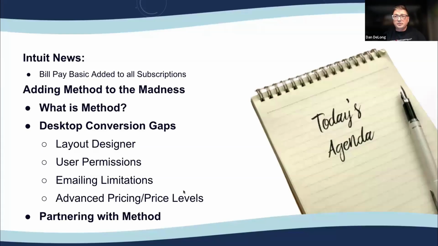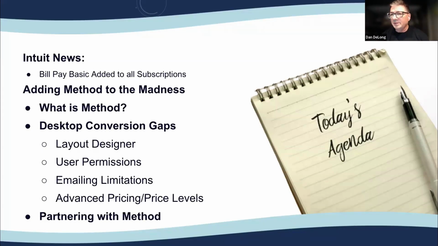So our agenda today is we're going to be doing a little bit of the Intuit news. We'll talk a little bit about Bill Pay Basic in all QBO subscriptions and what that might mean. And then we'll really just reintroduce the world to Method, because that was my interaction last QB Connect. We'll talk about what is Method.